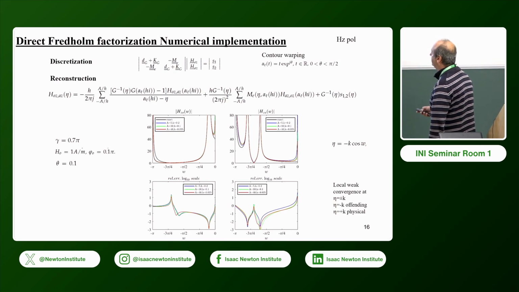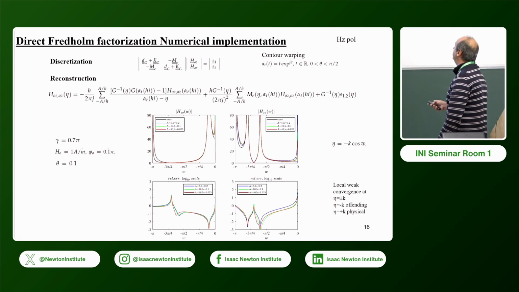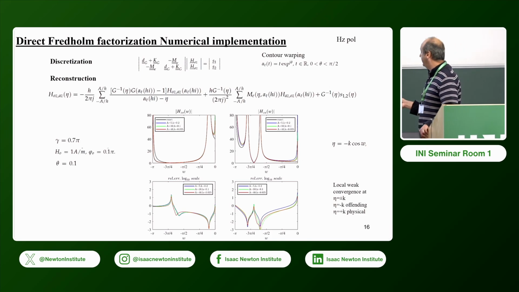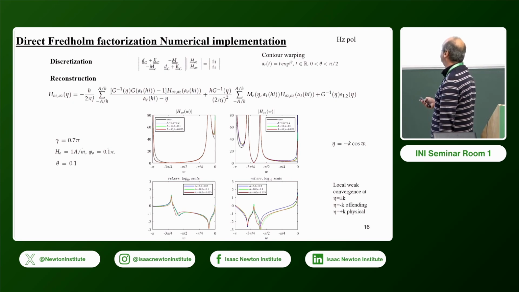In this case, the black solid line is the one a little bit shifted from the others, and you see there is a small convergence on the other. There is a perfect convergence somewhere, but sometimes there is a weak convergence. You see also this, this is the spectra, sorry, the spectra along minus k cosine w, because we are interested in this collocation of observation because of asymptotics later for GTD diffractions.